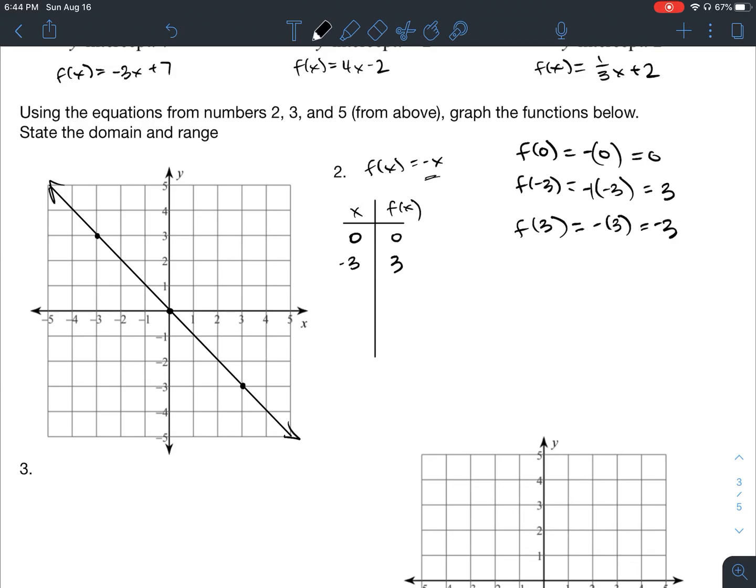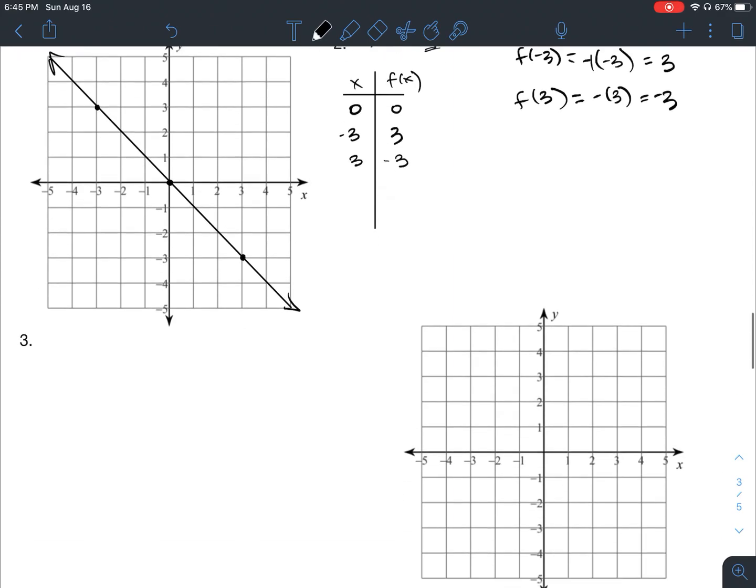So this has a negative slope rather than a positive slope. Negative slopes will start up here in this region and go in the bottom right direction. Okay, so that's one way you can go about it. Here, sorry, 3 and negative 3.